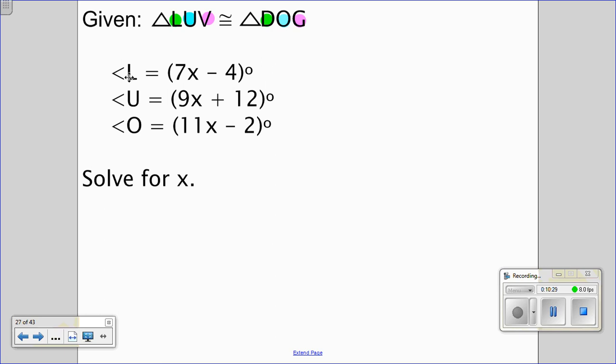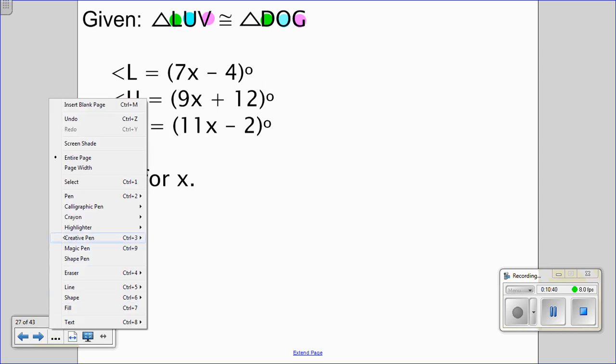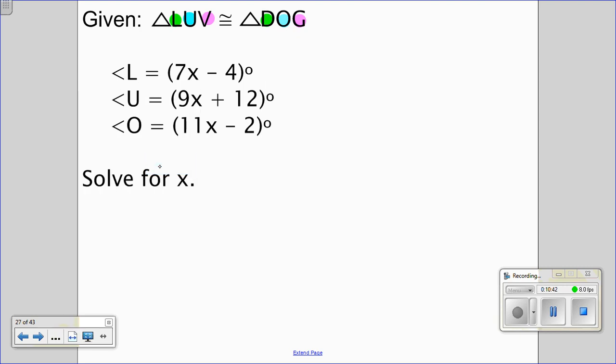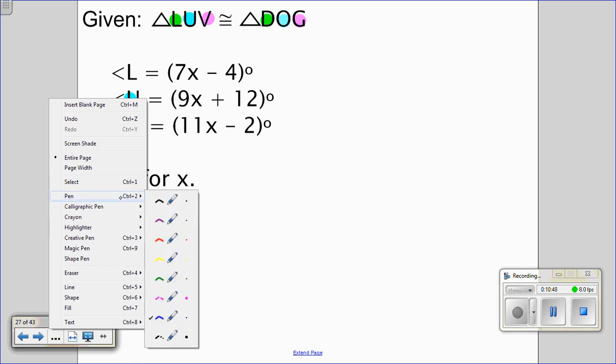Well, we're given angle L, angle U, and angle O. Do we see a congruent pair in those? Yes, we do. We have U and O. So since they are congruent, you can set them equal to each other.